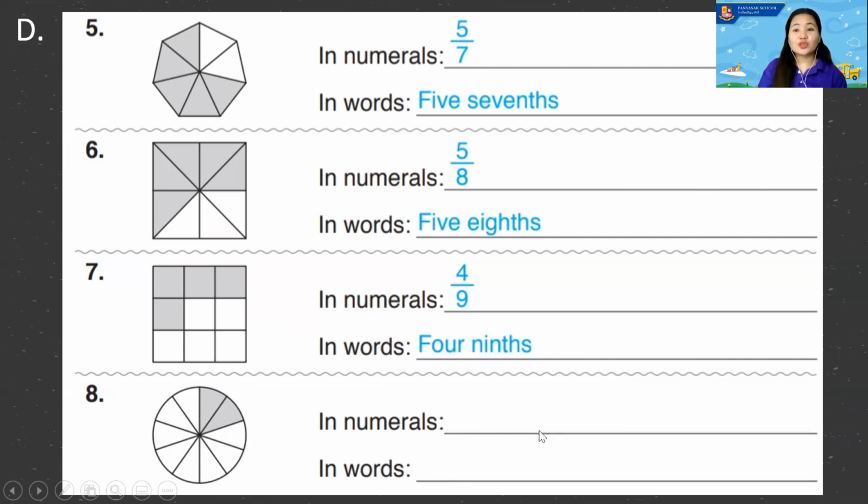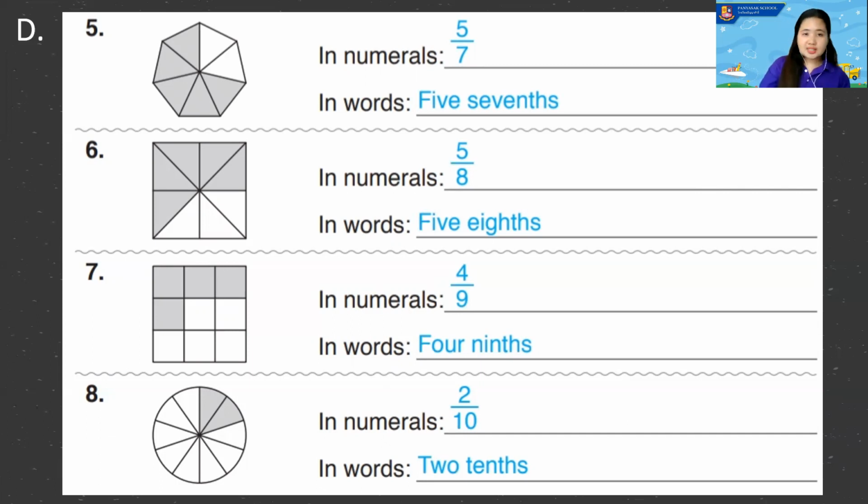So the answer for number 8 is 2/10, or in words, two tenths, with THS. Okay, we're finished with numerals and words. Very good, everyone. Now let's proceed to page 60.